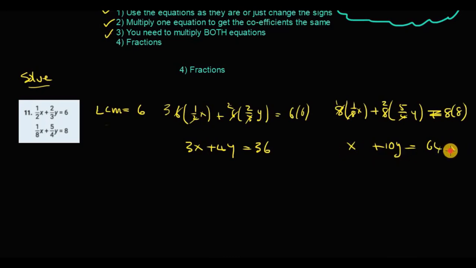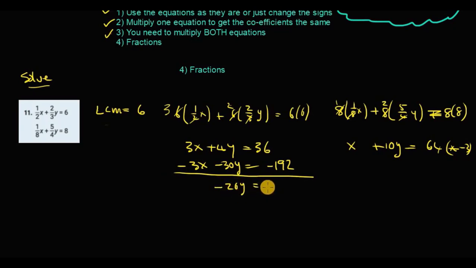So I'm going to multiply this one here by minus 3. And I'm going to write it underneath. Minus 3x, minus 30y, and minus 3 multiplied by 64 is minus 192. Okay, I'm now going to add. I'm going to get minus 26y is equal to minus 156.